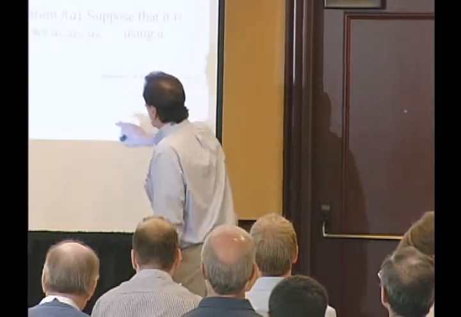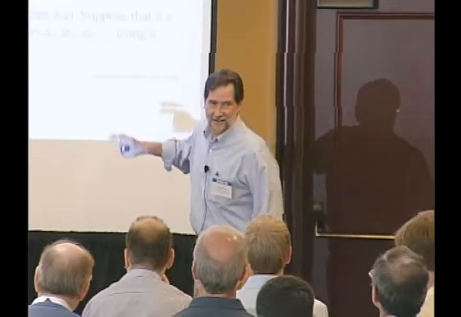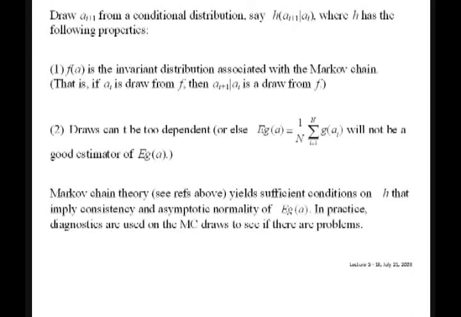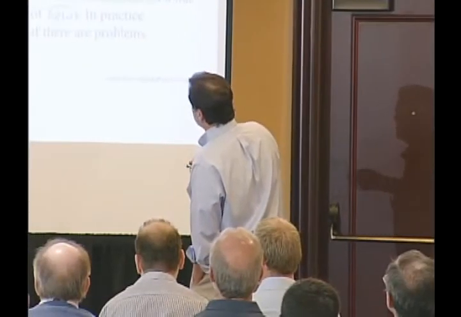And so I'm going to talk about that in the context of this example. I think that's what this next slide says. So this next slide says my i plus first draw of A is going to depend on my ith draw of A. So I'm going to draw from this conditional density, and I want to choose this conditional density in the right way, and that's going to be problem specific, so that its invariant distribution is what I want.